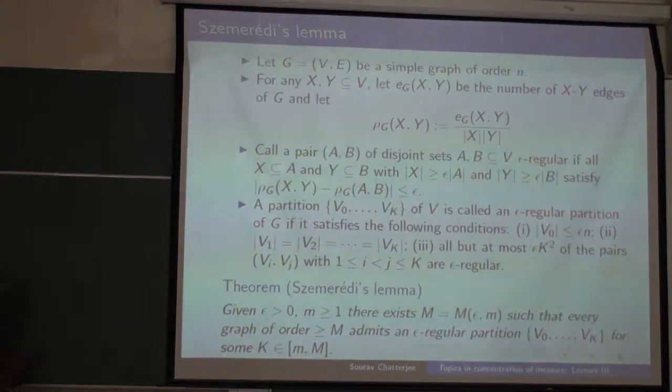If you're seeing it the first time, it seems like a lot of conditions, but we'll see it's very powerful, and in the large deviation principle, it's crucial that it works this way. Okay, any questions? So any large graph can be partitioned into blocks so that the connectivities between the blocks are approximately random.